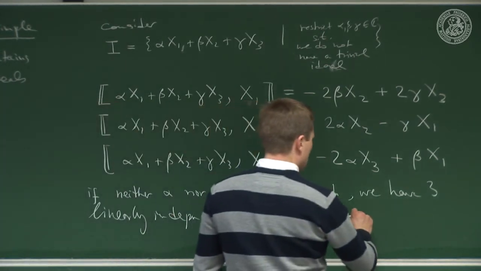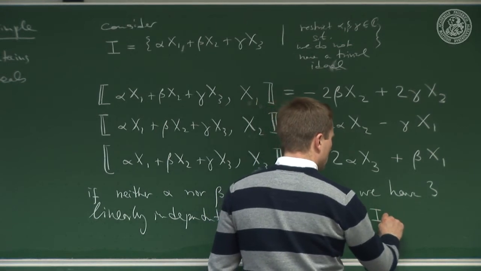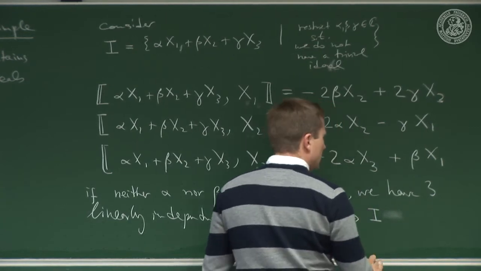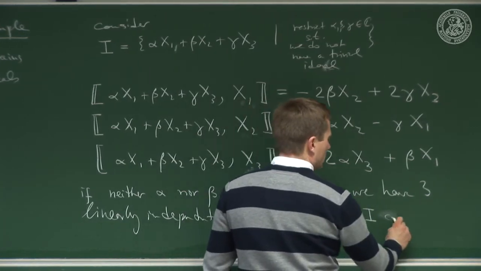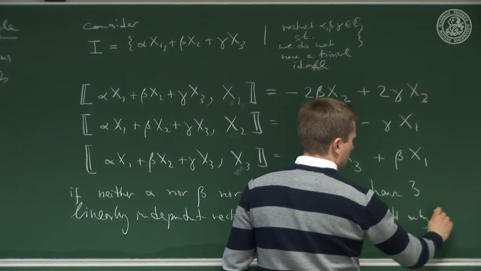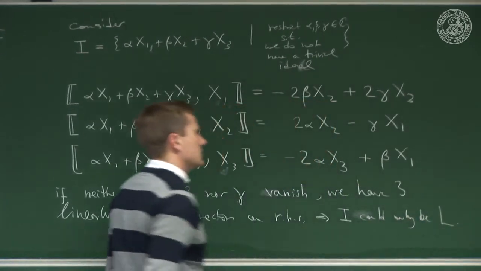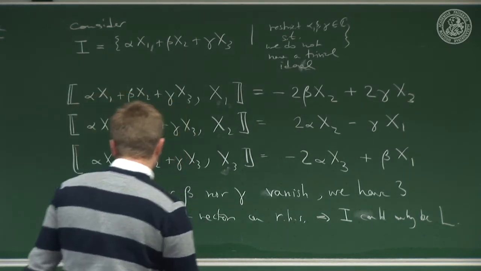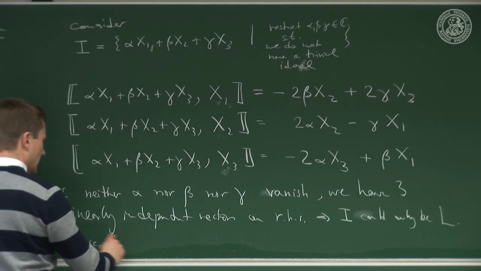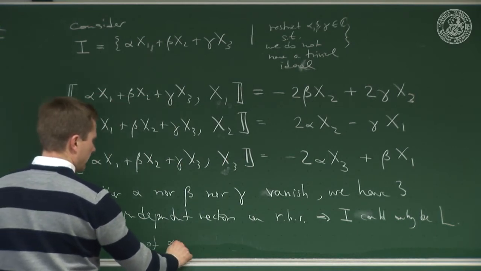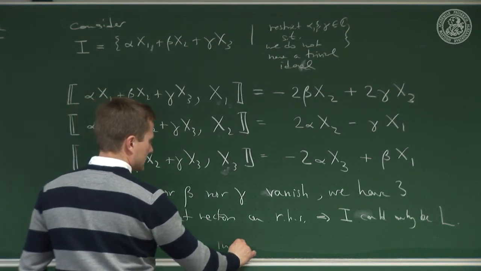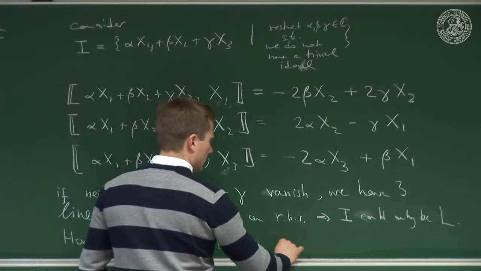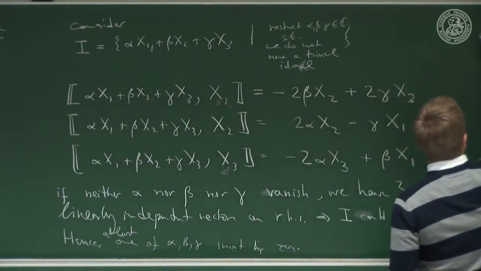Then I could only be all of L. So it'd be a trivial ideal. Now that we don't want, so hence at least one of alpha, beta, gamma must be 0. And now we have to do a case-by-case analysis.